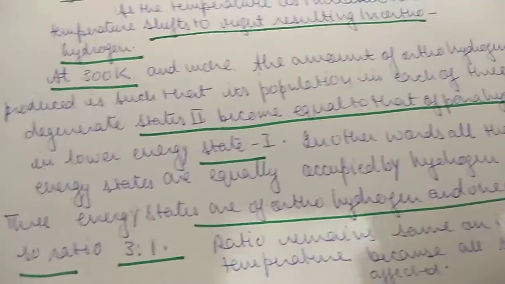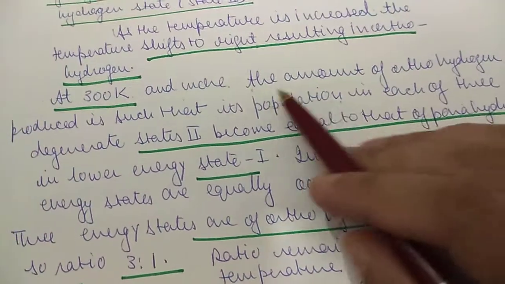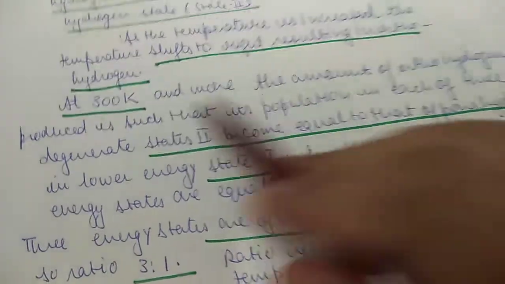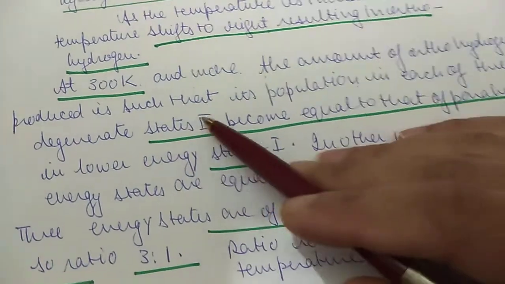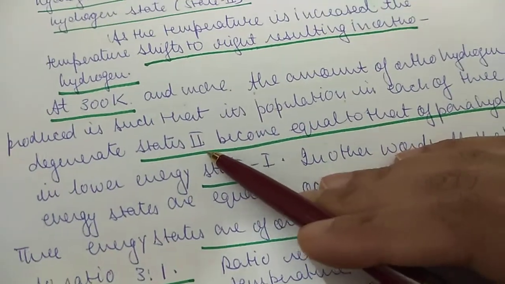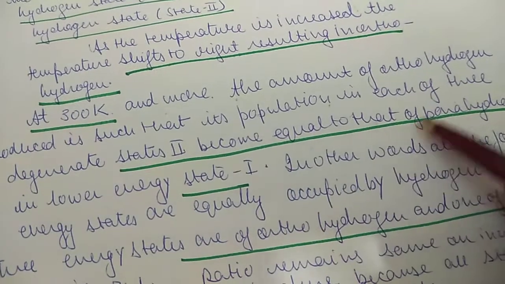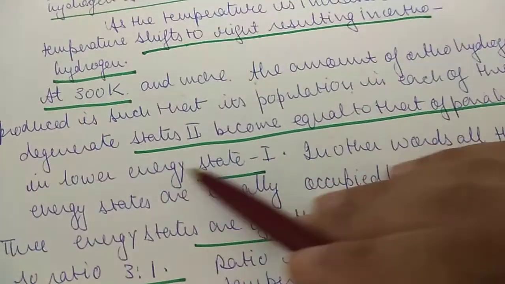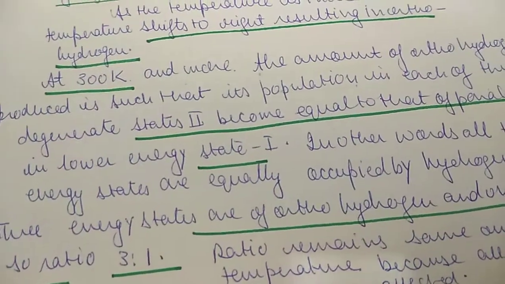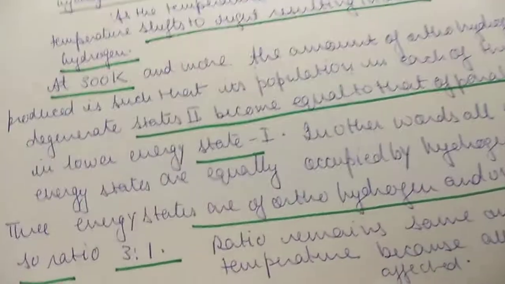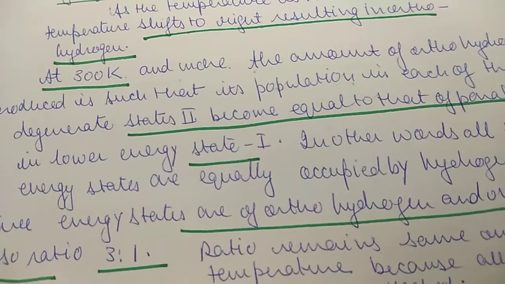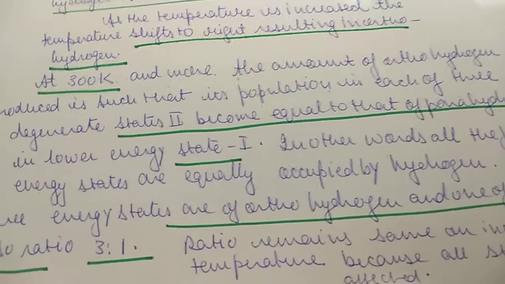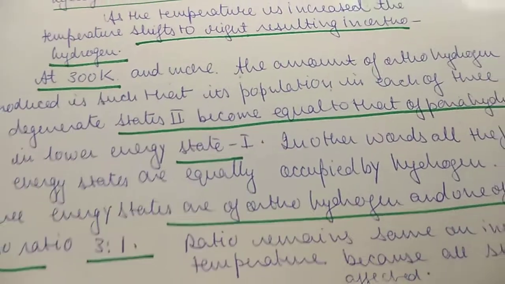At 300 kelvins or more, the amount of orthohydrogen produced is such that its population in each of the 3 degenerate states becomes equal to that of parahydrogen in the lower energy state 1. What will happen at 300 kelvins? The number of molecules in each state will be the same.